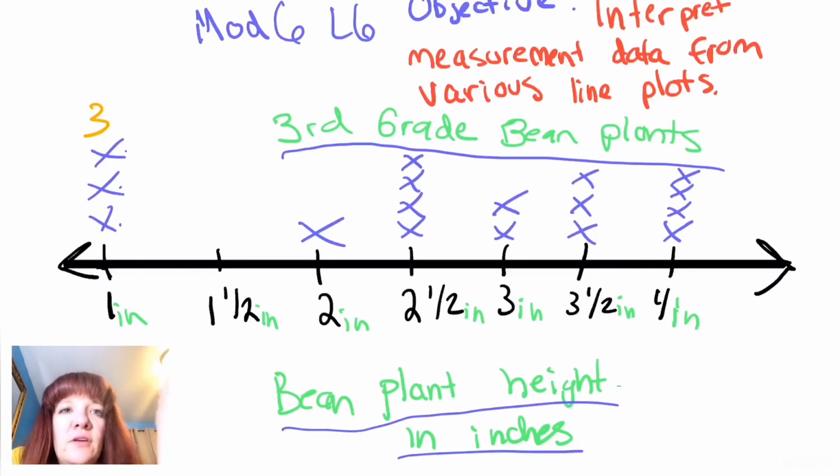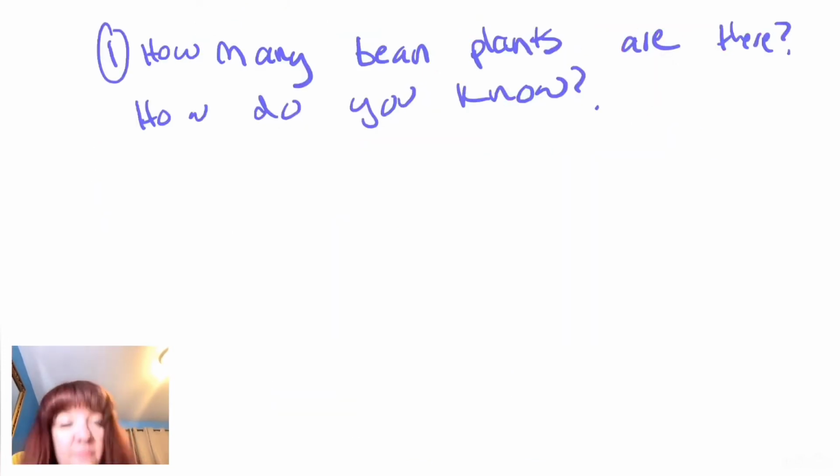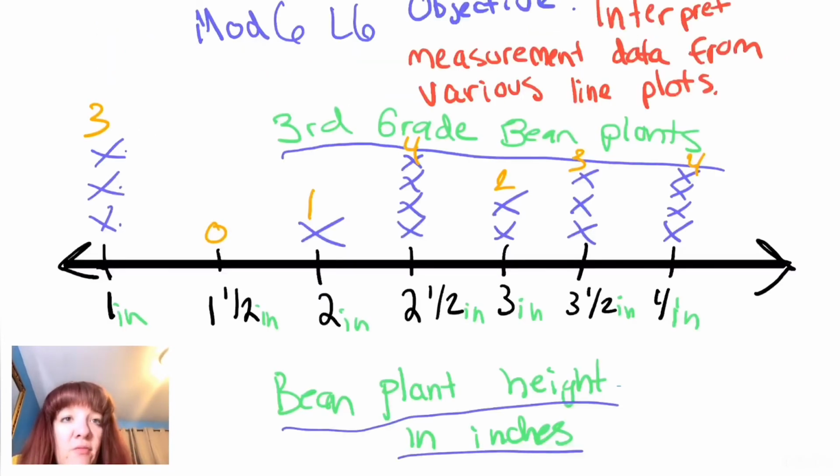So there's 3 for 1, 0, 1, 4, 2, 3, 4. Okay, so now I know how many are in all. So let's look at the question. How many bean plants are there? How do you know? So let's go back and count them.